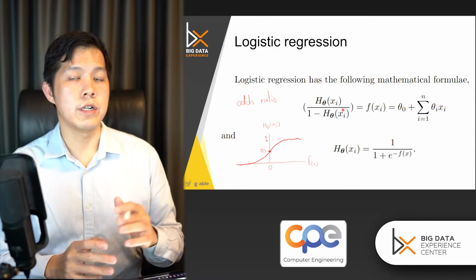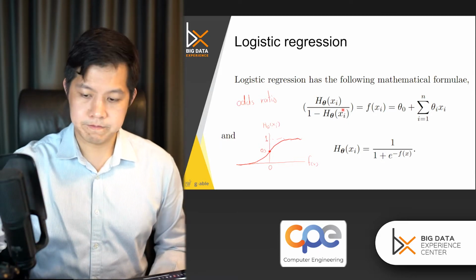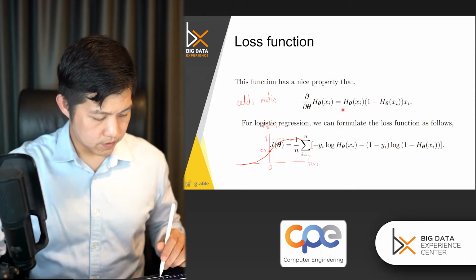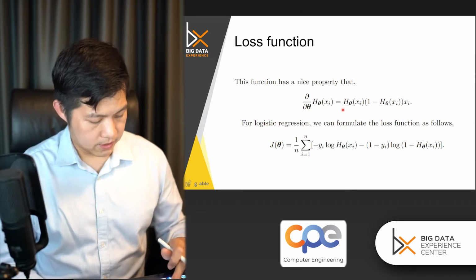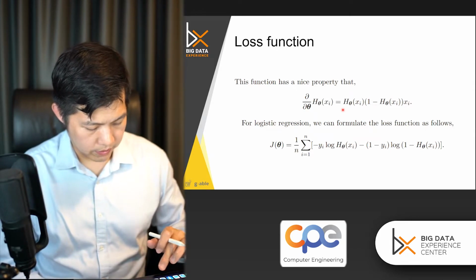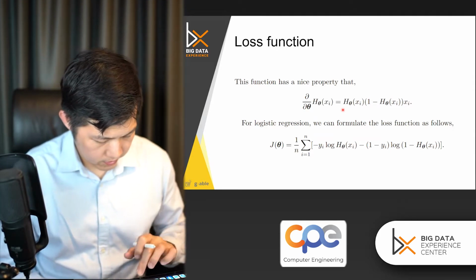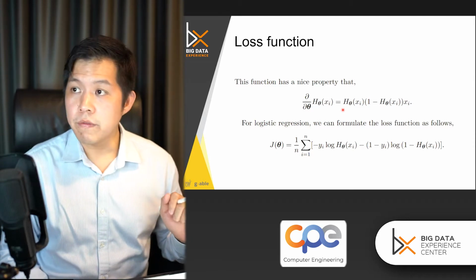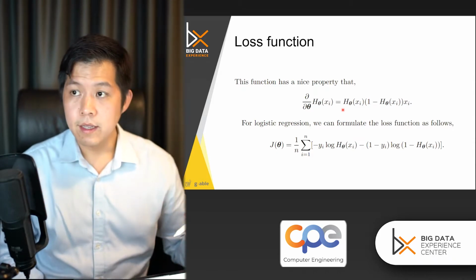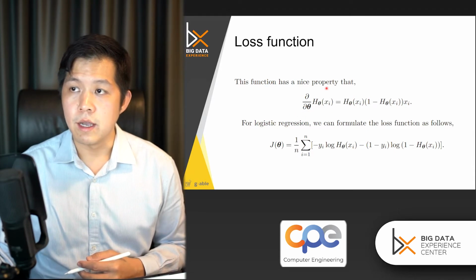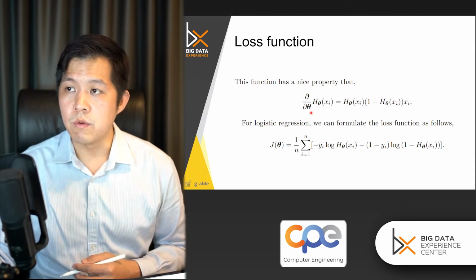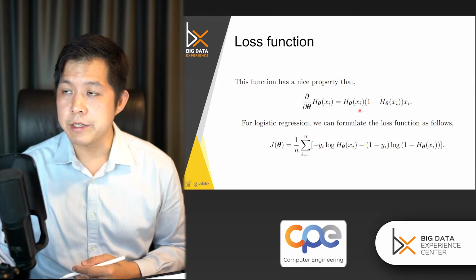So this is usually the binary classification job. Okay, now one good thing about h theta x is that it has a nice property, that the derivative of h theta x equals the multiplication of the two.